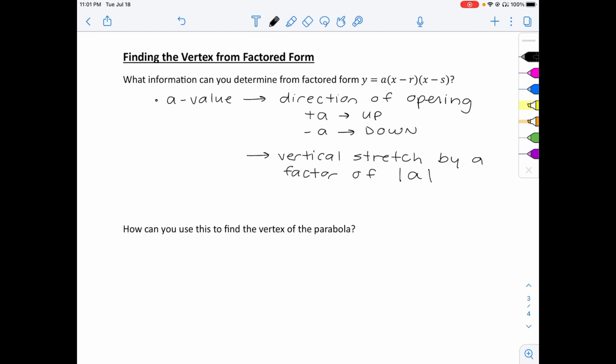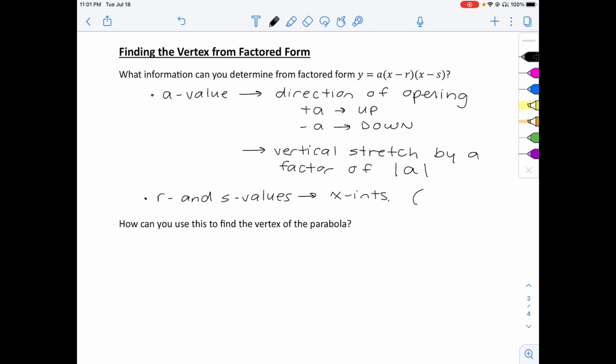Okay, so that's two things we can determine from the factored form, and the other thing we can determine from the r and s values is the x-intercepts. They are given by (r, 0) and (s, 0). The y coordinate of them is always 0 because they're on the x-axis. And the important thing to note here is that you are flipping the signs.